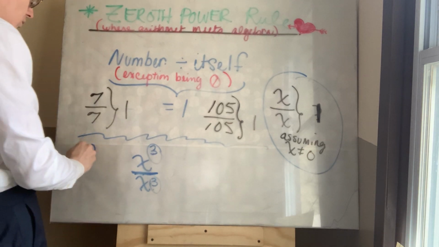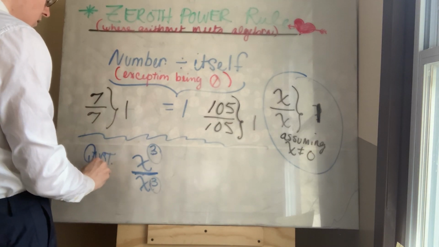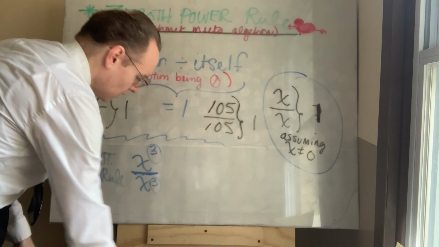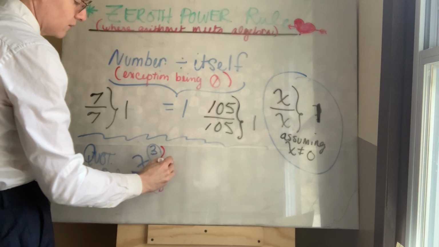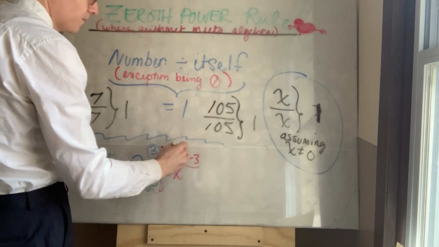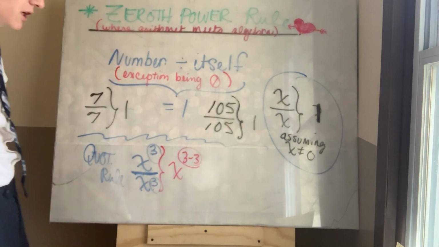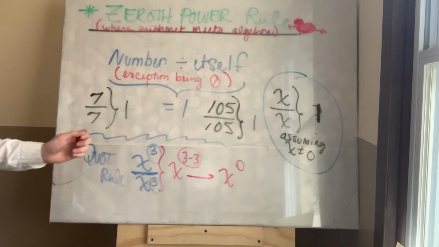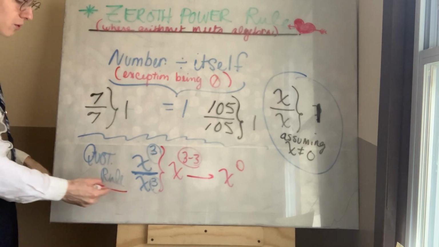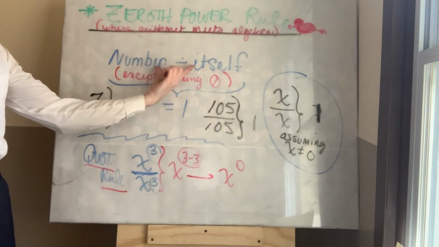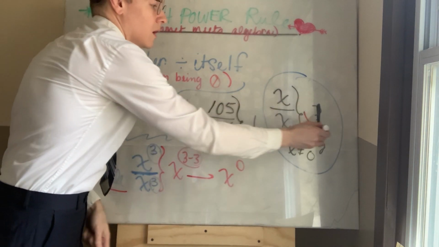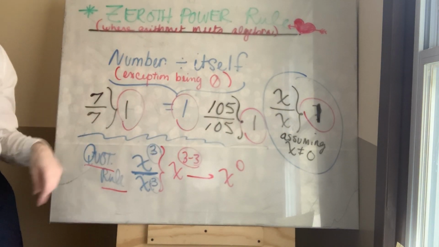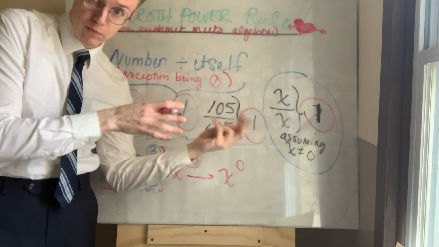According to the quotient rule, I should subtract these. And that's fine. If I subtract these, then it would be x to the 3 minus 3, and 3 minus 3 naturally would be 0. That is the abbreviation using the quotient rule. This is the outcome using arithmetic. That's why I say the 0th power rule is basically where algebra meets arithmetic.